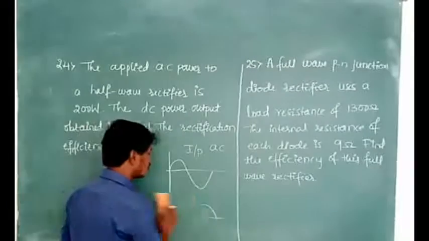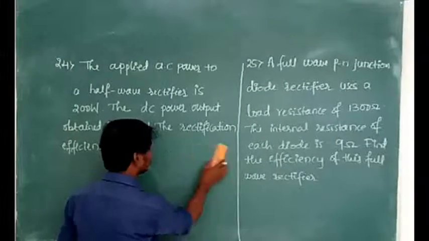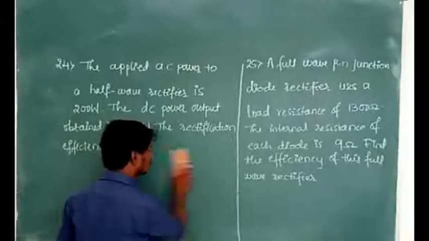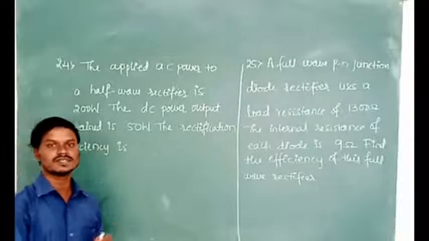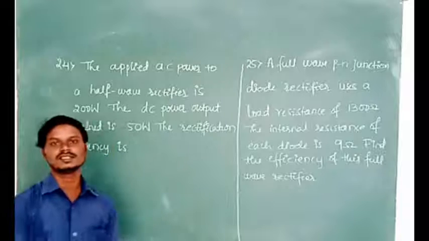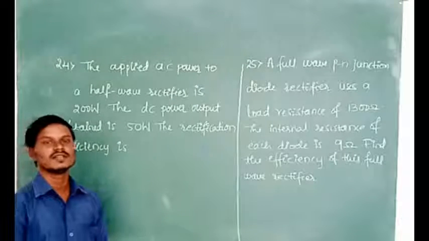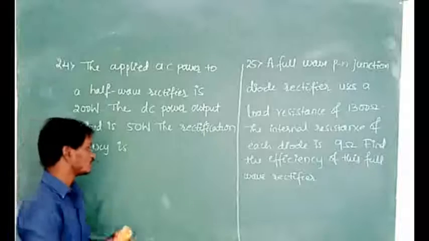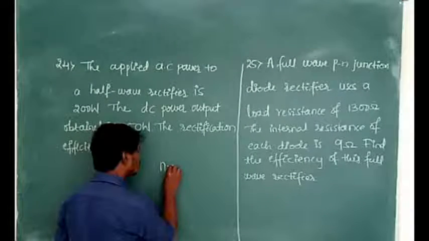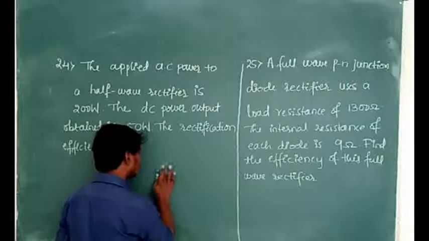Now, in the case of a half wave rectifier, how many diodes are used? Only one diode. And in the case of a full wave rectifier, we use two PN junction diodes. Then what is the efficiency of a rectifier? The formula for efficiency of a rectifier is output power divided by input power.